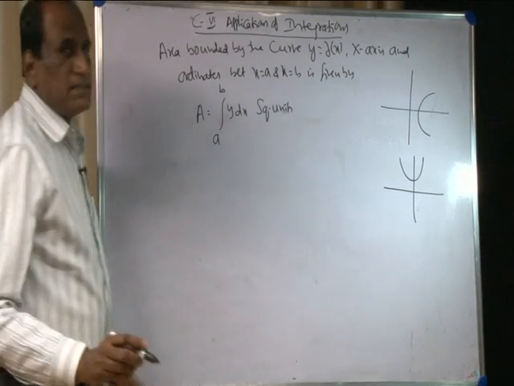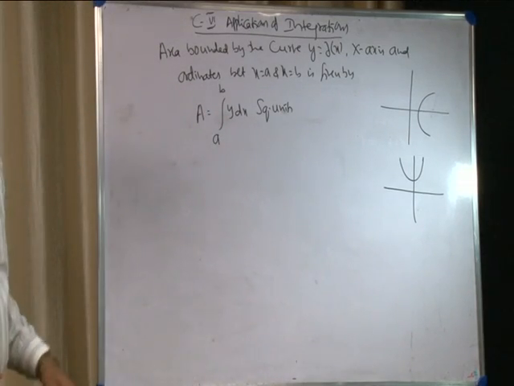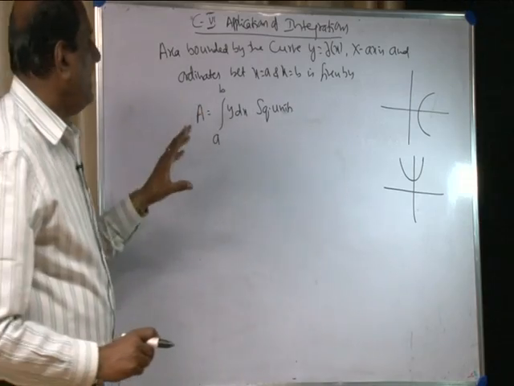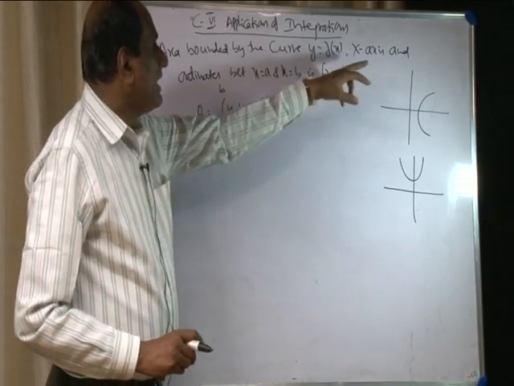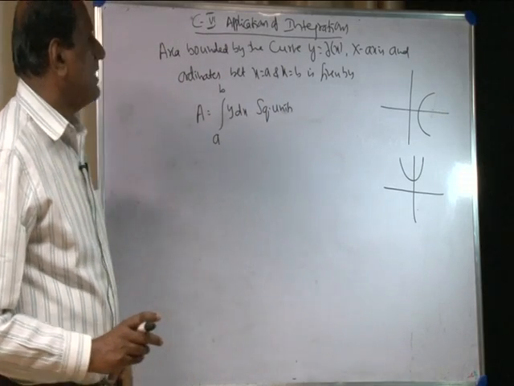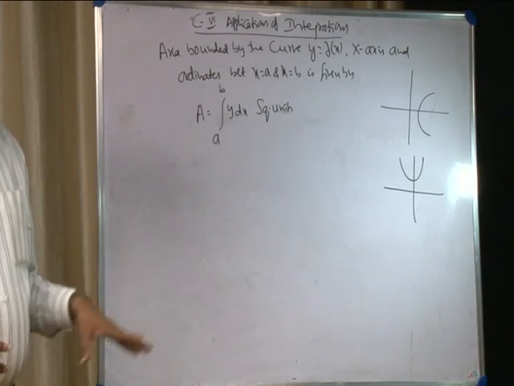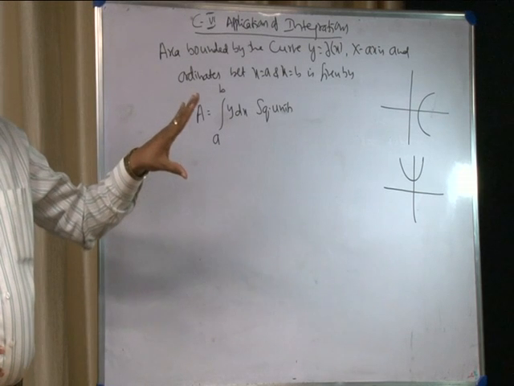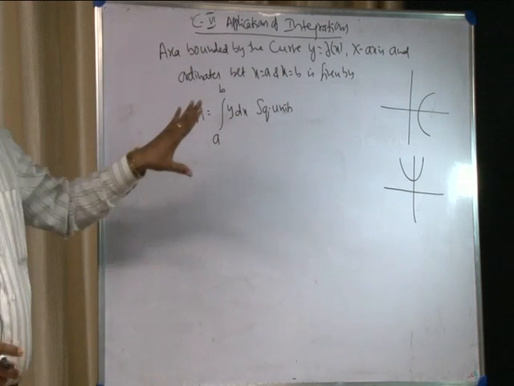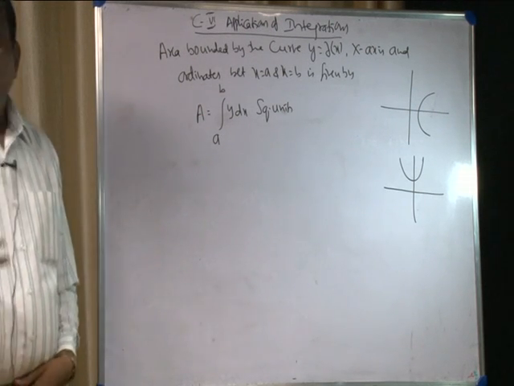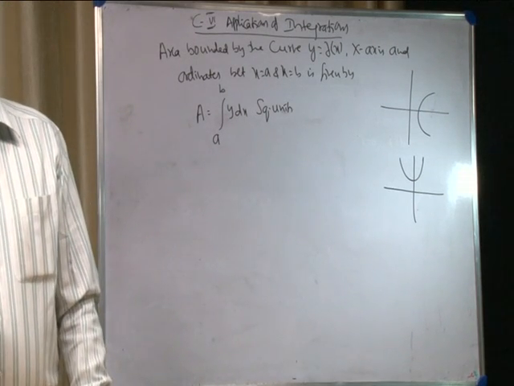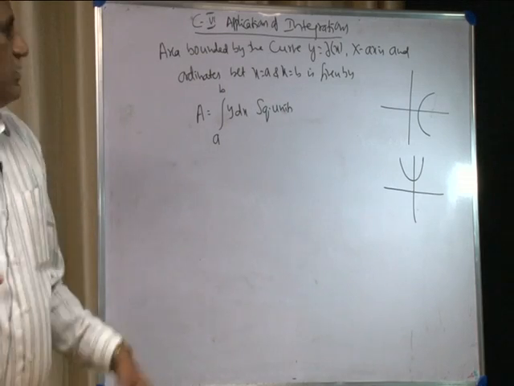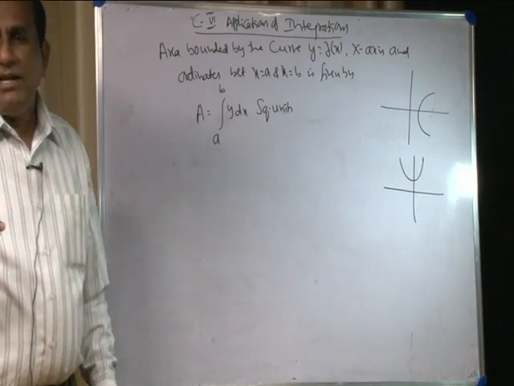So, this is the formula to find the area bounded by the curve y is equal to f of x, x axis and ordinates between x equal to a and x equal to b. You will be getting a definite integral after applying the formula. In the usual procedure, find the definite integral value, that will be the area. The area unit is square units.